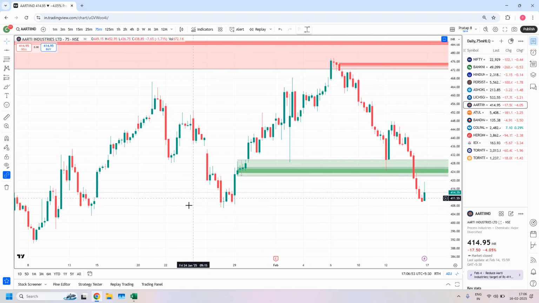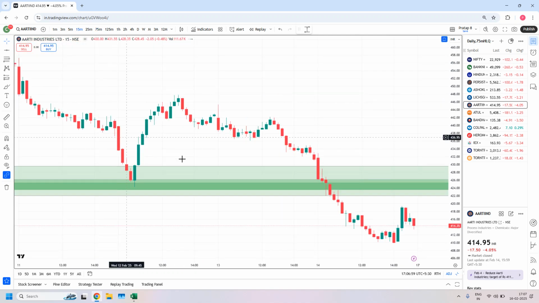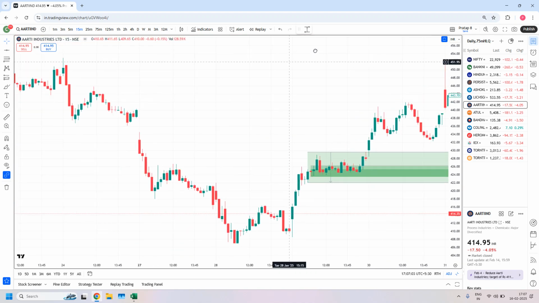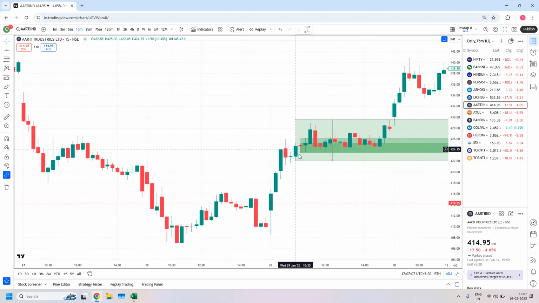But anyway, how we fine-tune, let me explain. We have a rally, base candles, rally. This one fine-tuned with the 15 minutes time frame. You have a rally base rally. Actually, it is a high liquidity zone.